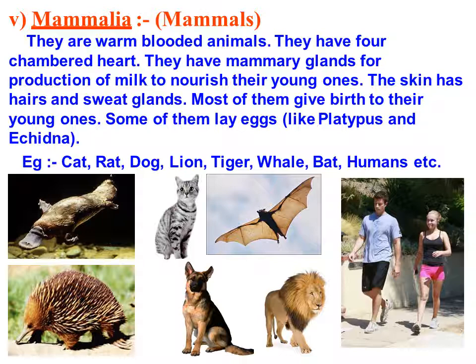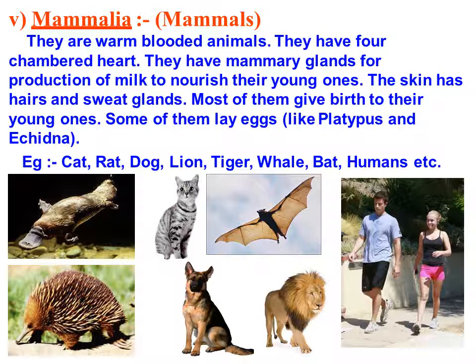And most of them give birth to their young ones. But there are a few exceptions, like platypus and echidna, which lay eggs. They are mammals, they have mammary glands, but they lay eggs. A few other examples are cat, dog, tiger, lion, elephants, humans, bats.